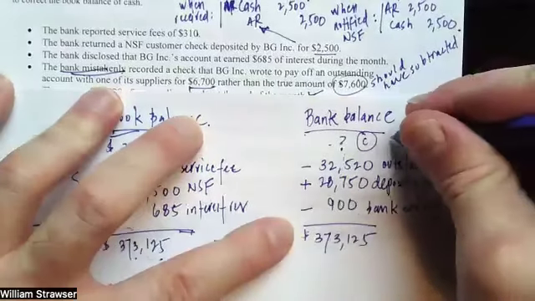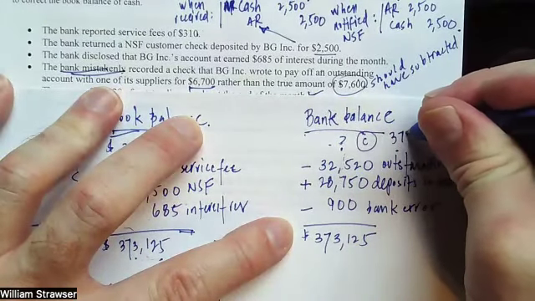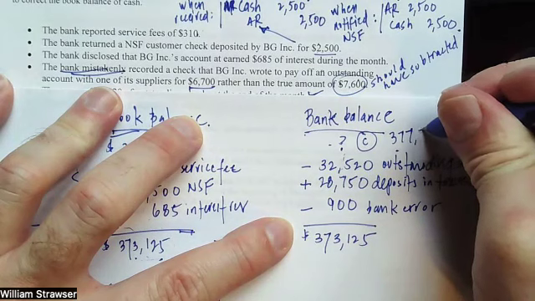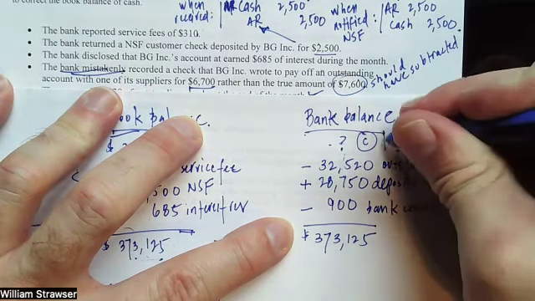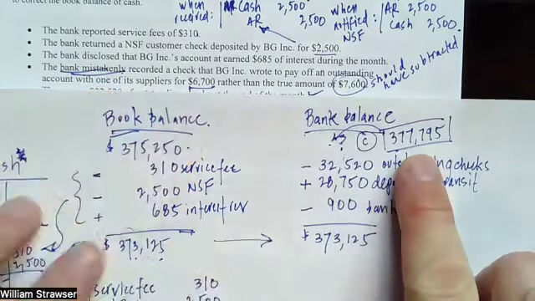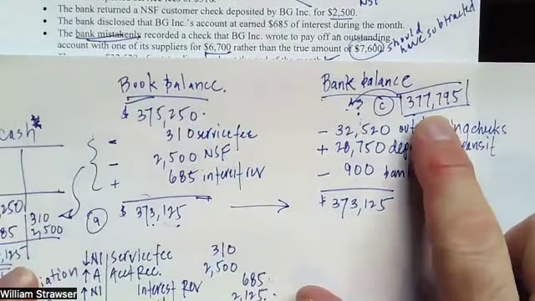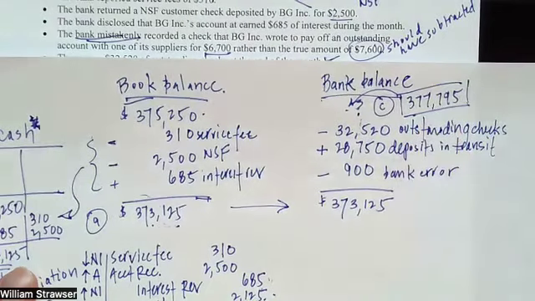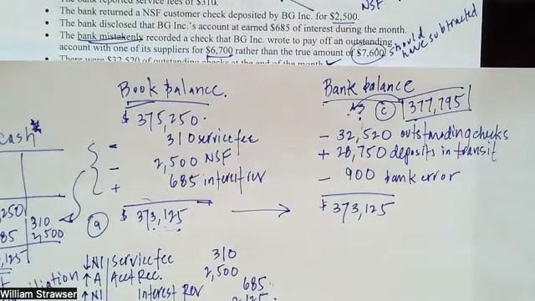And after I do all that, I get 377,795. So this is my end of the month bank balance per the bank statement. All right, so that's the reconciliation portion of this problem.